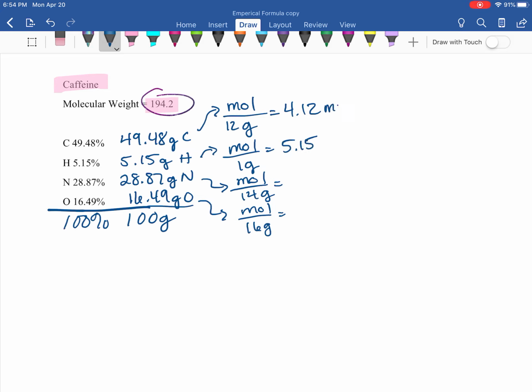Okay, this is moles carbon, moles hydrogen. All right, let's do this one, 28.87. Moles nitrogen, and then let's do oxygen.